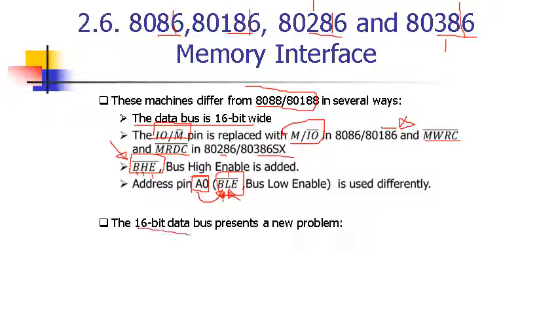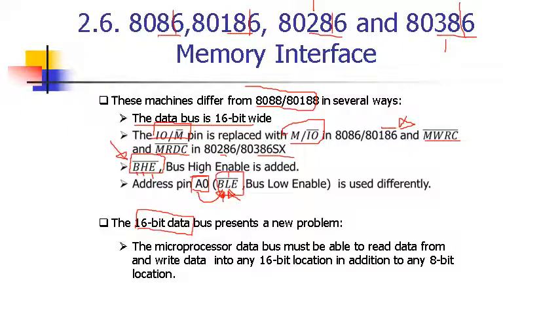Again, we mentioned this before. The 16-bit data bus presents a new situation to your microprocessor, because then you will have to divide your memory into two banks. Why two banks? Because you can deal with 8-bit or 16-bit.